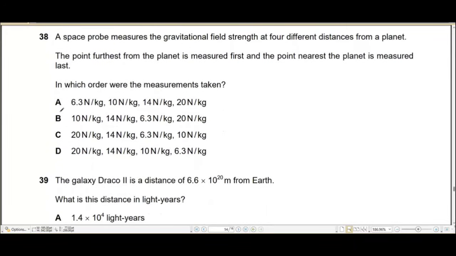Question number 38. A space probe measures the gravitational field strength at 4 different distances from a planet. The point furthest from the planet is measured first and the point nearest to the planet is measured last. So we should know that the gravitational field strength obviously is strongest when the distance is less.